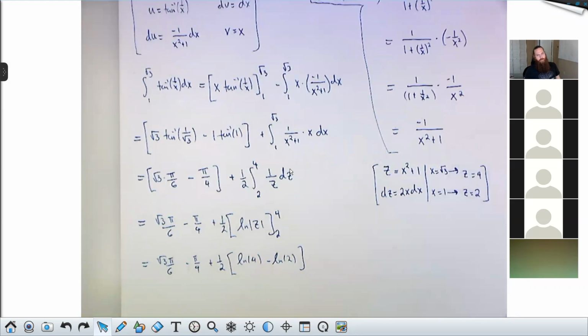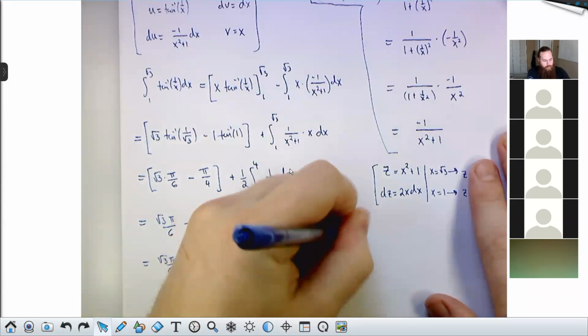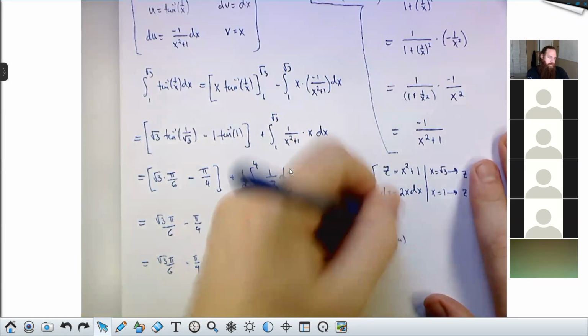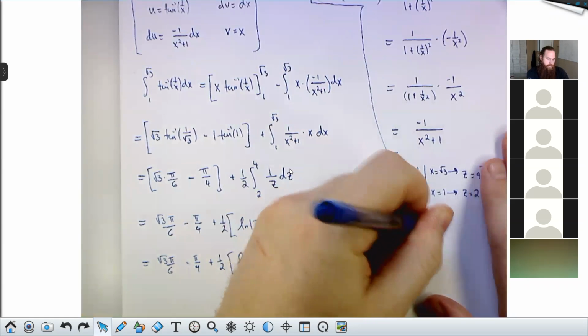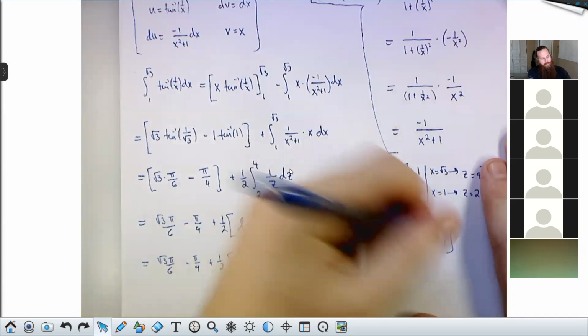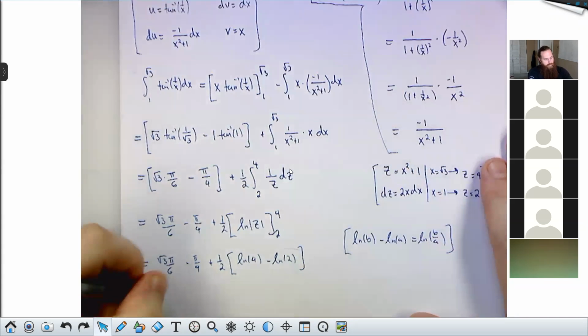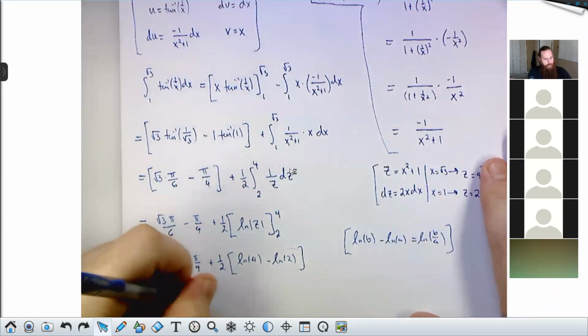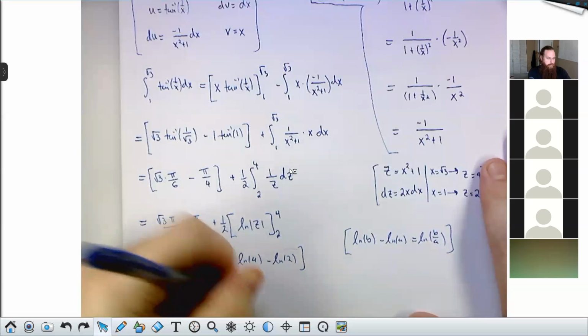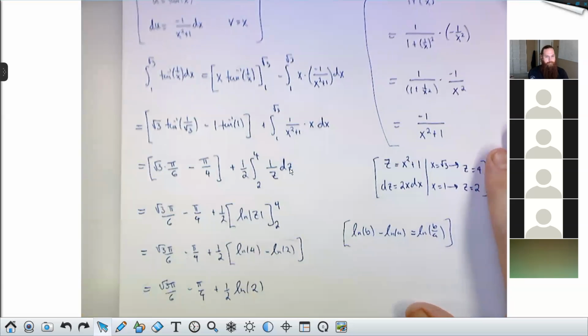And if you want to, you can combine the natural log of 4 and the natural log of 2 using the rule ln b minus ln a is the ln of b over a. So this would be root 3 pi over 6 minus pi over 4 plus 1/2 times the natural log of 4 over 2, which is 2.